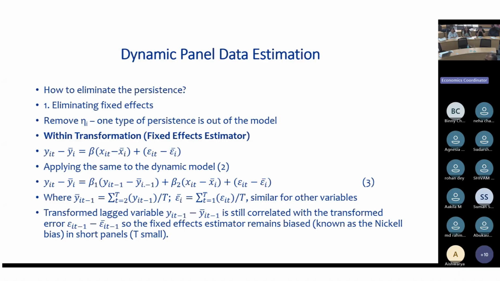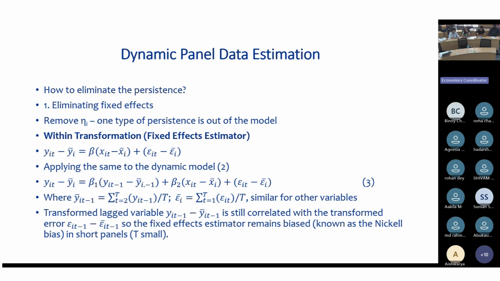We have done this transformation here. We have demeaned this variable: yit minus yi bar equals beta 1 times yit minus 1 minus yi dot minus 1. We are putting a minus 1 here to indicate that since it is it minus 1, one observation is less.